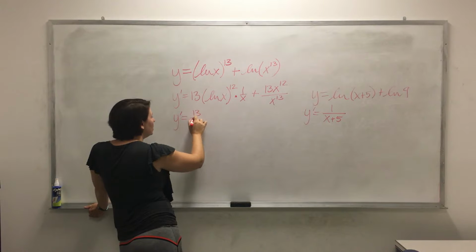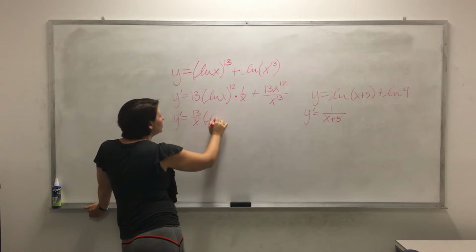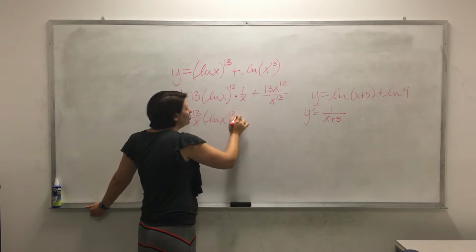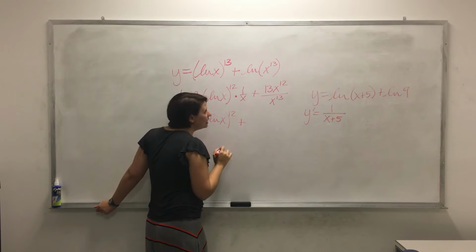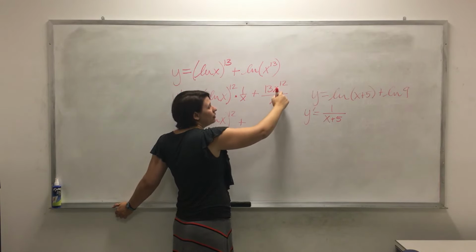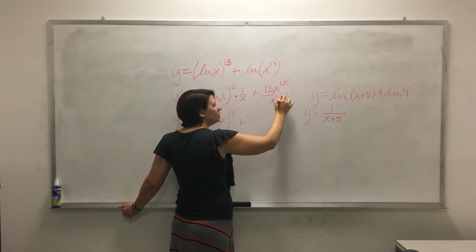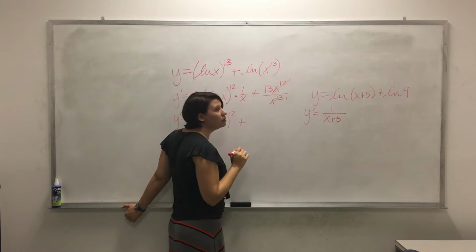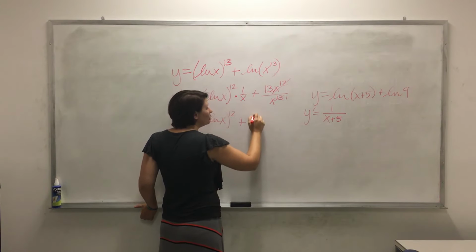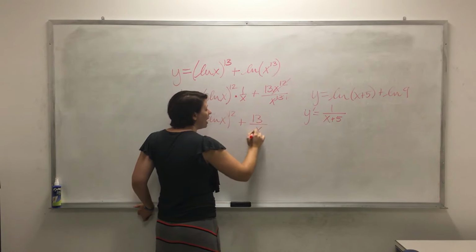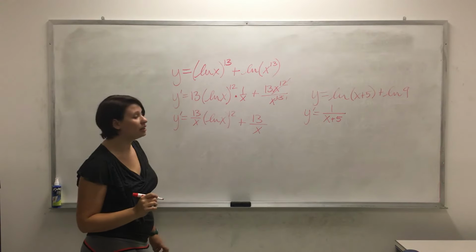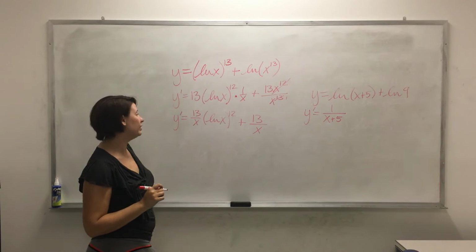It is just 13 over x times natural log of x to the 12th. Plus now, on this term we have 12 x's over 13 x's, meaning we can cancel out 12 of them and be left with one of them in the denominator. So we have 13 over x. This is our final answer. That's our full derivative.